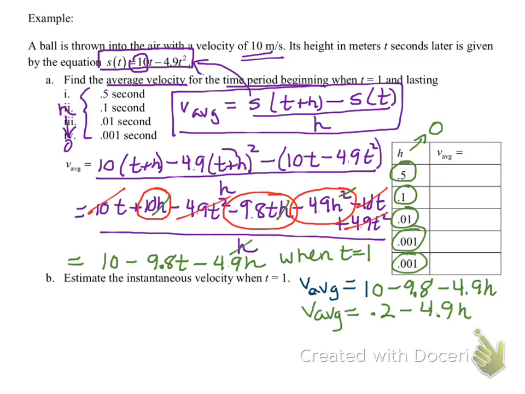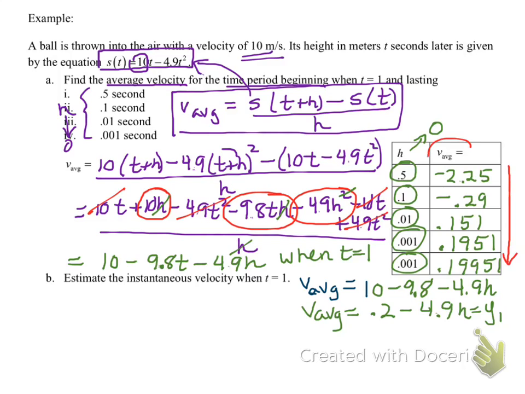So all we have to do is plug this into y1 in our graphing calculator and then create a table, and the results are going to look like this. So I filled in those values on the table, and if we look at as h goes to 0, it appears that the average velocity is going to 0.2.